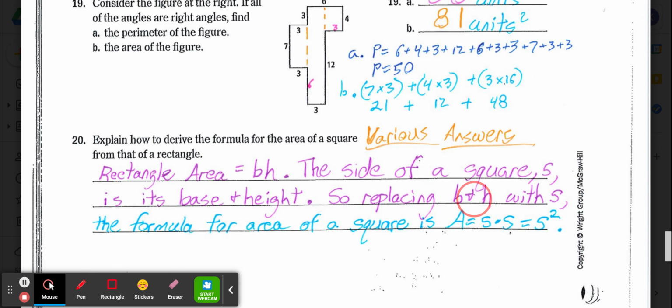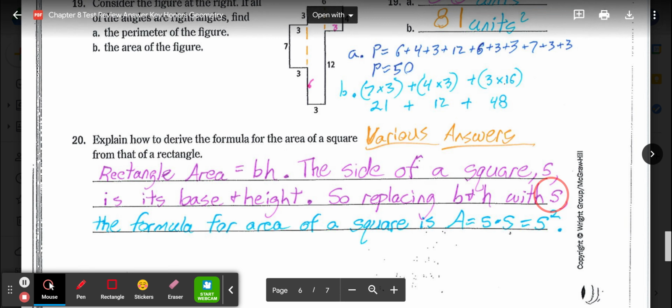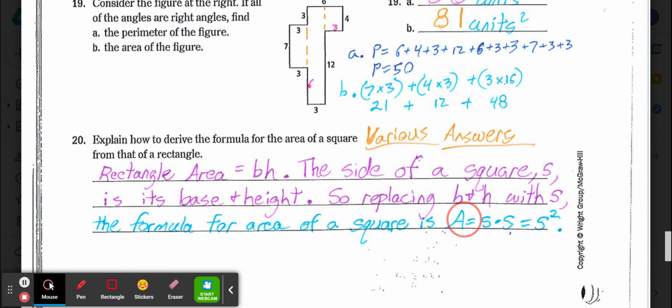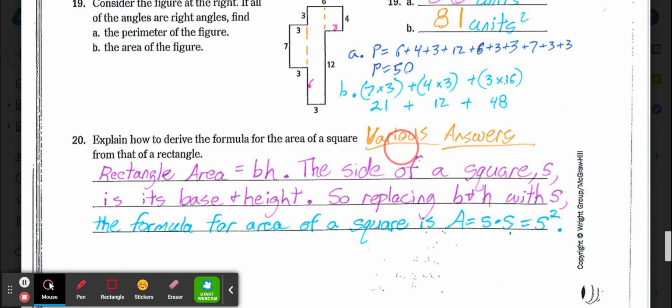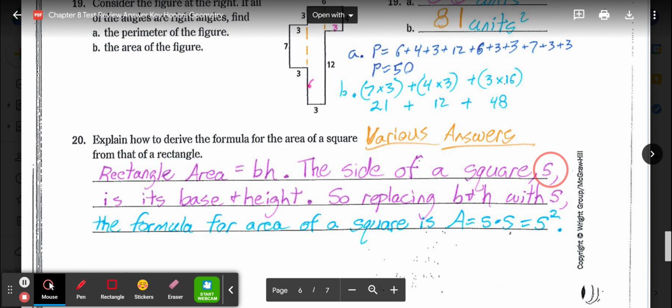So if we replace the B and H each with S, the formula for area of a square, A, would equal S times S, which is A equals S squared. Because the base and height of a rectangle are the same, they get replaced with the same variable, S, and S times S gives us S squared for that area formula.